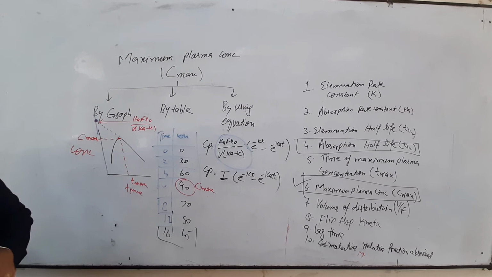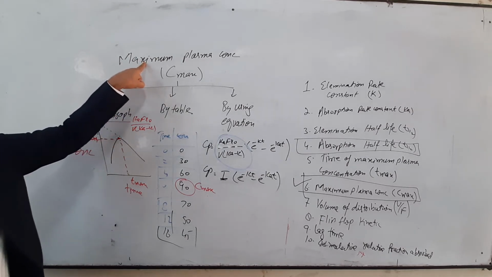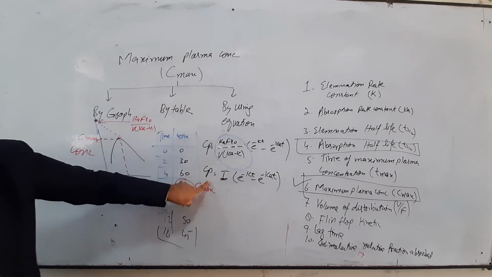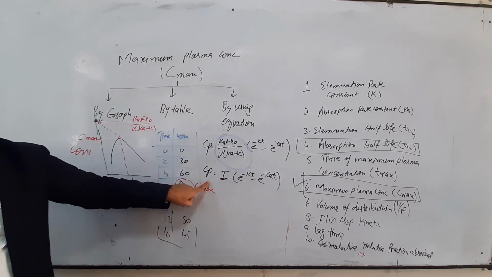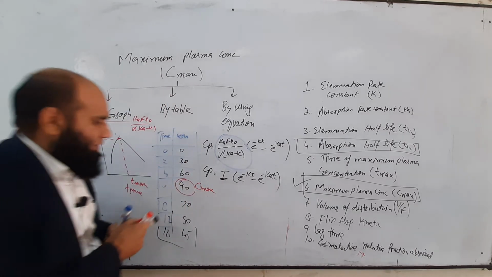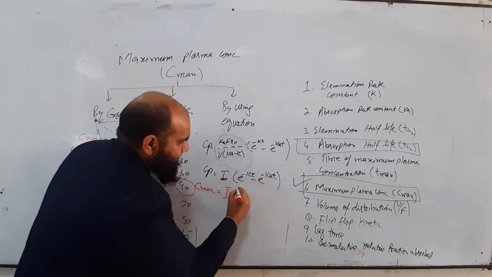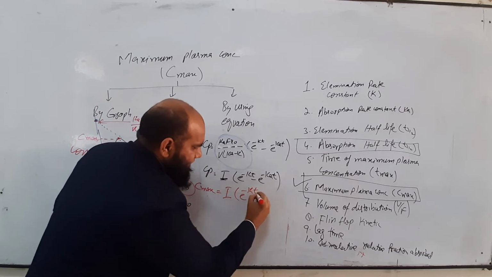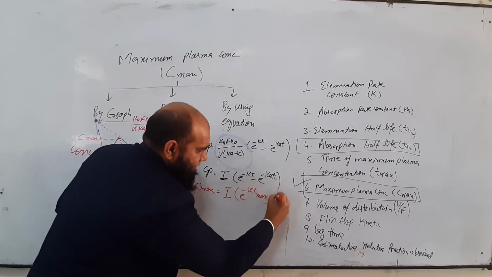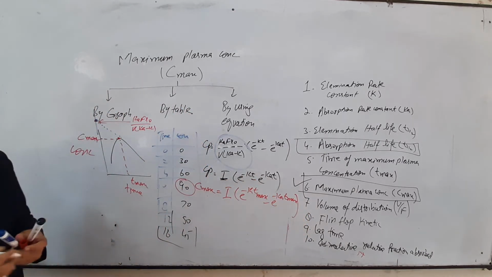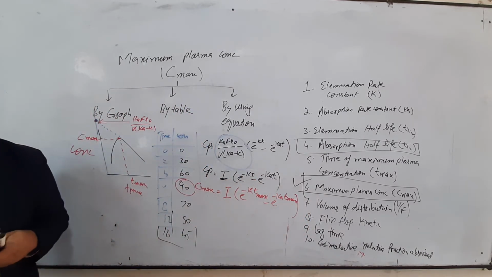Now, we are at the maximum plasma concentration, and our concept is we want to calculate Cp maximum. So when we move toward the Cp maximum, that Cp max is equal to the intercept into e to the minus K Tmax minus e to the minus Ka Tmax. So this is the equation where we will calculate the maximum plasma concentration, Cp max.